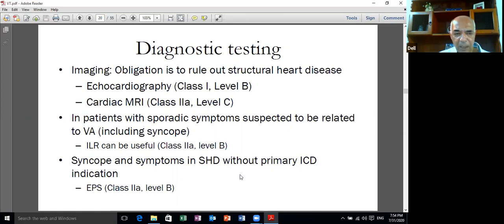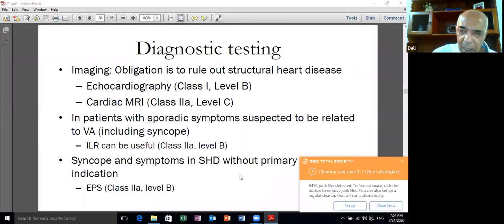If the patient is having a syncope and has structural heart disease, but doesn't have an ICD, then this is a class 2 recommendation for doing an electrophysiologic study. So this is our plan in studying patients to diagnose whether they have structural heart disease or not.